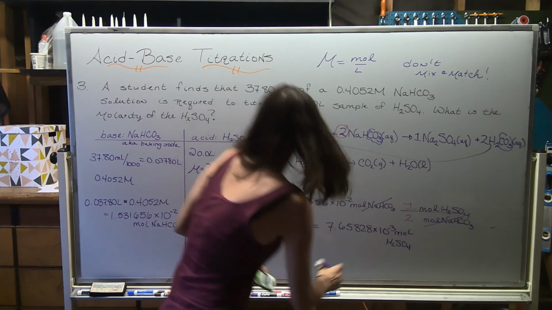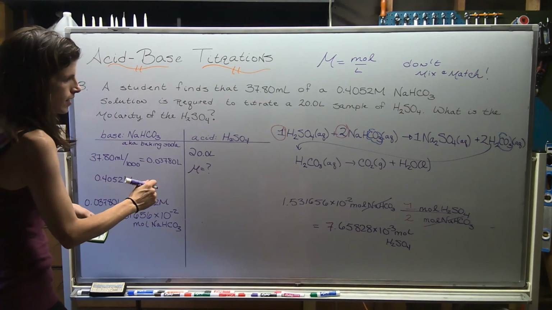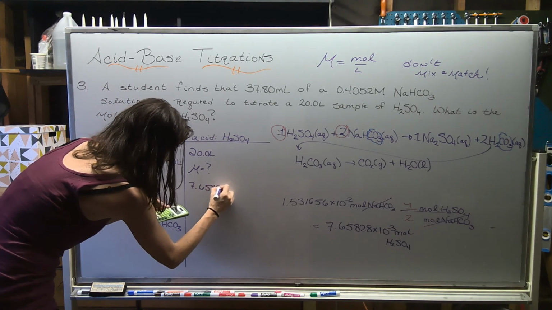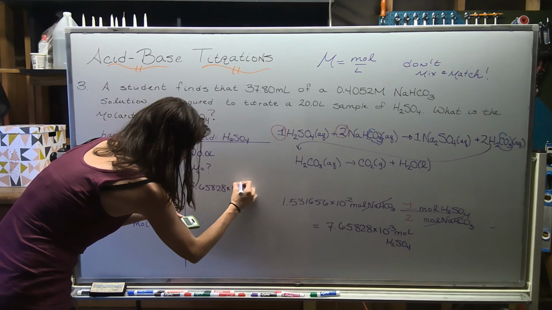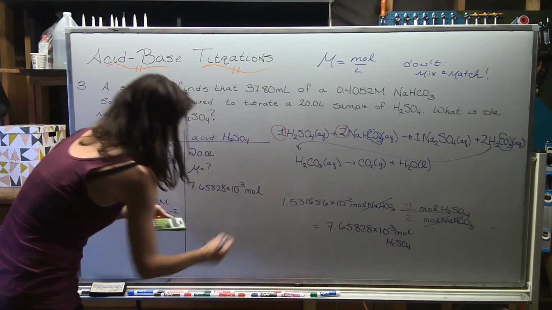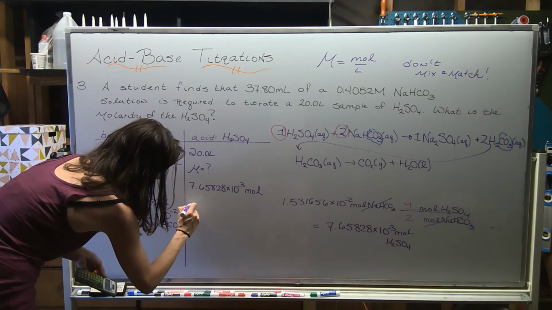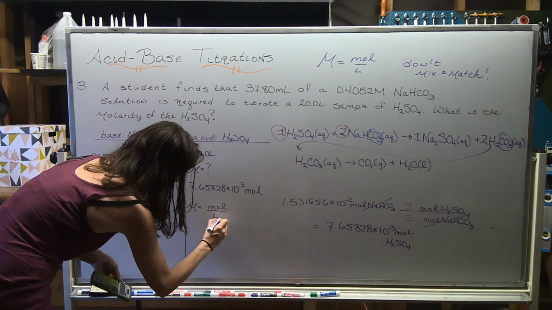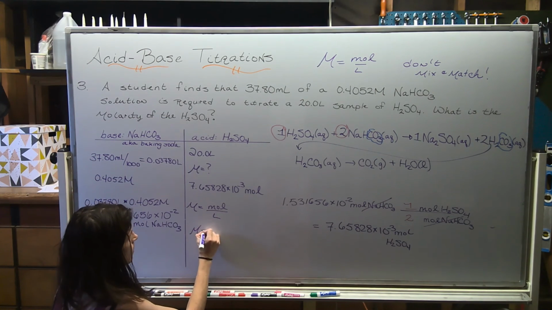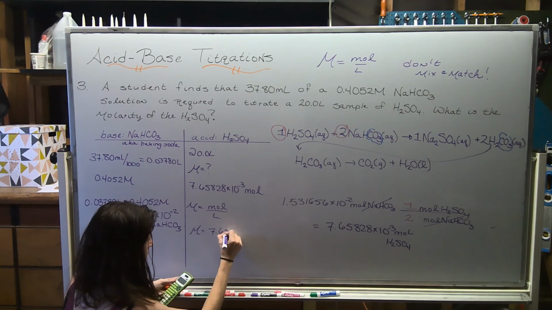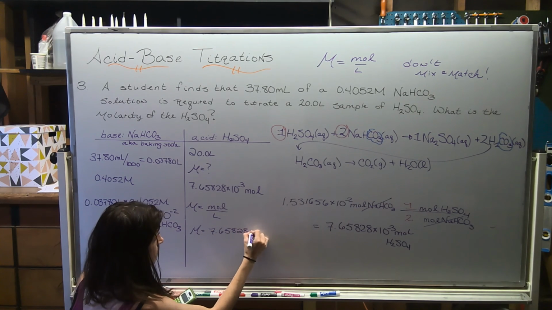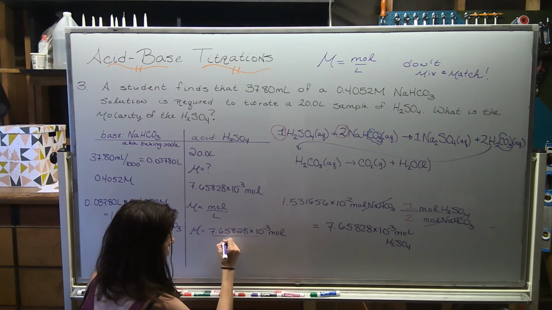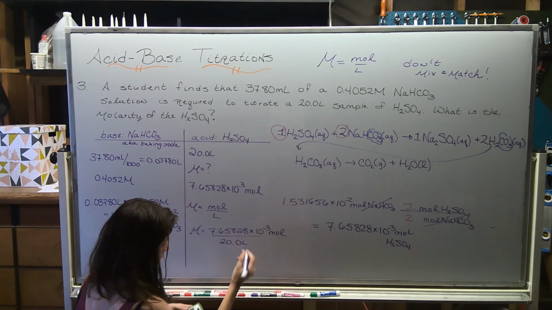Now I can take that number and put it in the acid side of my T-chart. The last step then is to solve for the molarity. So it's going to be moles of the acid divided by volume. So I'm going to have that same value, and I'm going to divide it by 20.